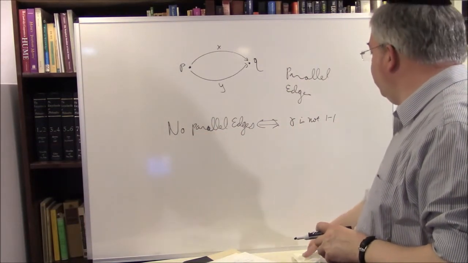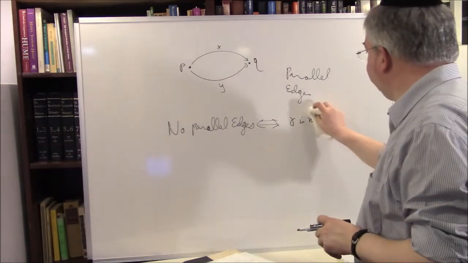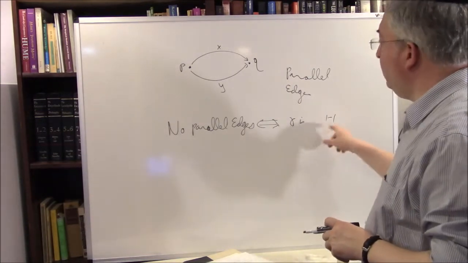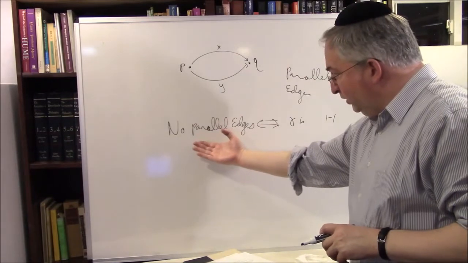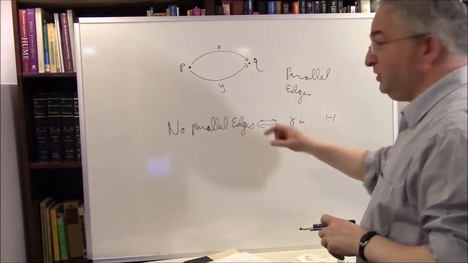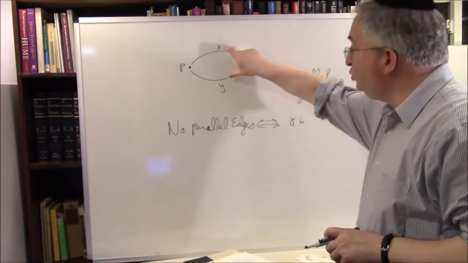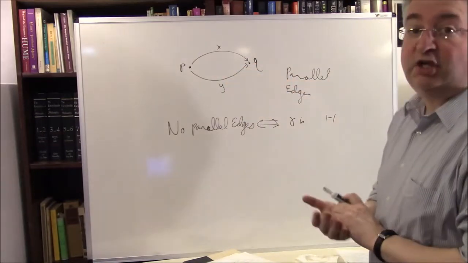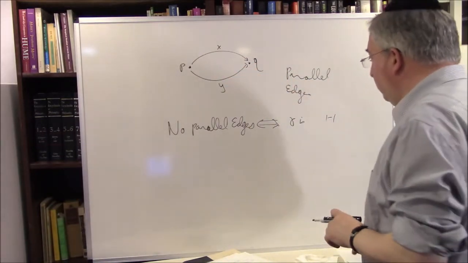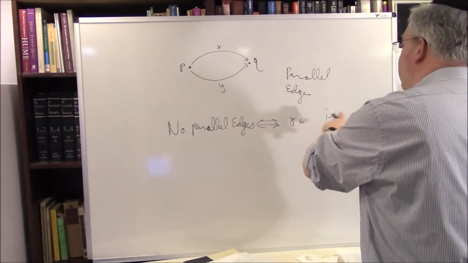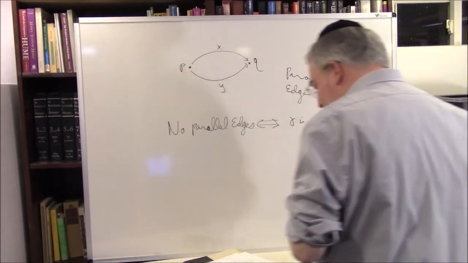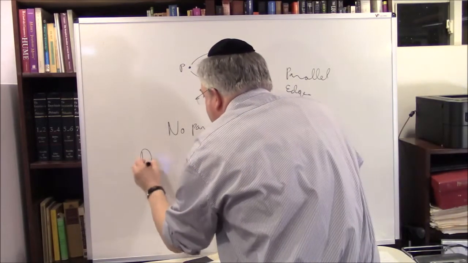I'm sorry, gamma is 1 to 1. No parallel edges means there's only one thing, so they wouldn't have two things going to the same start point and finish point. So no parallel edges means gamma is 1 to 1. Okay, great.